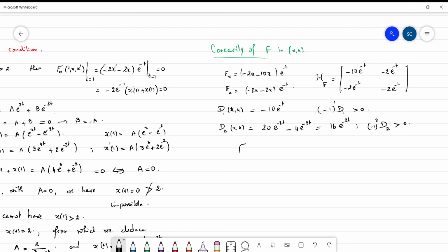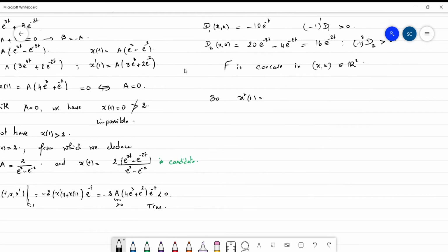So f is concave in (x,u) belonging to R2. So x star(t), the candidate we found, 2 times (e^(3t) minus e^(-2t)) over (e^3 minus e^(-2)), solves the maximization problem.